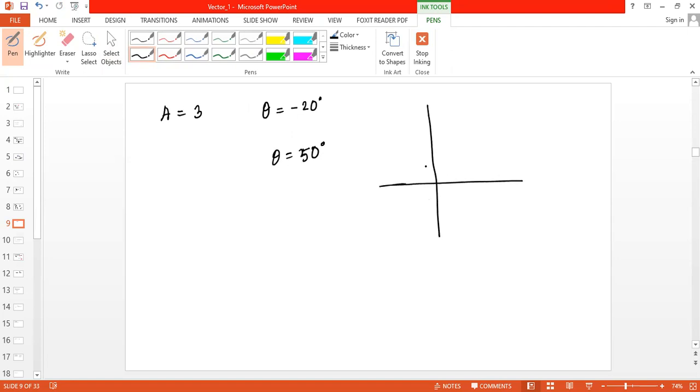Let's say this is my x-axis, this is y-axis. Always angles are measured from the positive x-axis, from this line, the red line. Okay, always. In order to measure a positive angle you have to go counterclockwise. That is, you have to go counterclockwise this way.